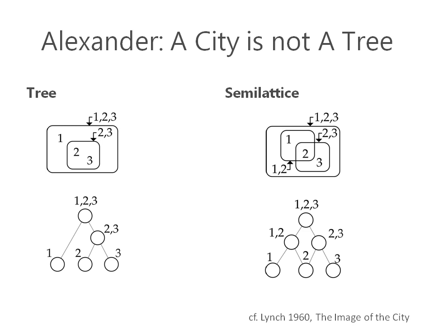So Alexander said, when he was accused of composing things strictly into hierarchies, that he is not doing that. He allows for overlaps. So a tree would be depicted left. You have at the top problems 1, 2, and 3, which are still connected.